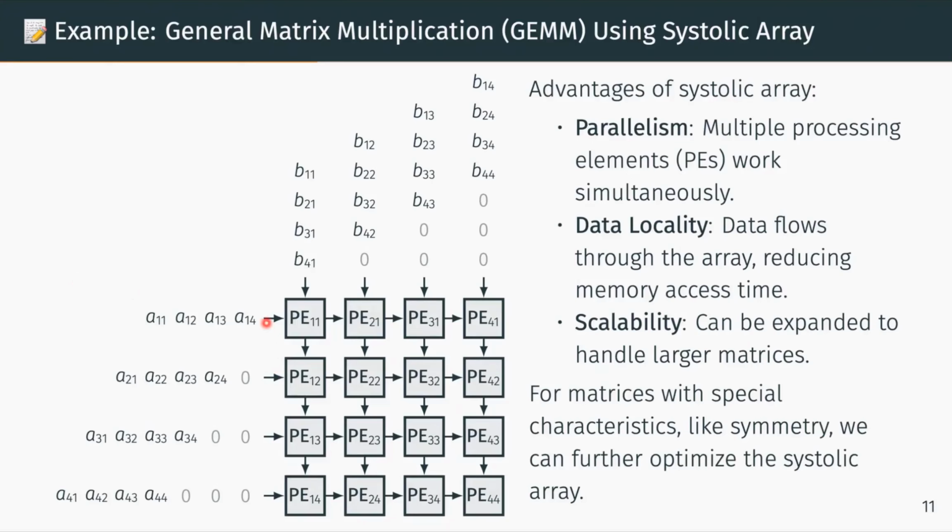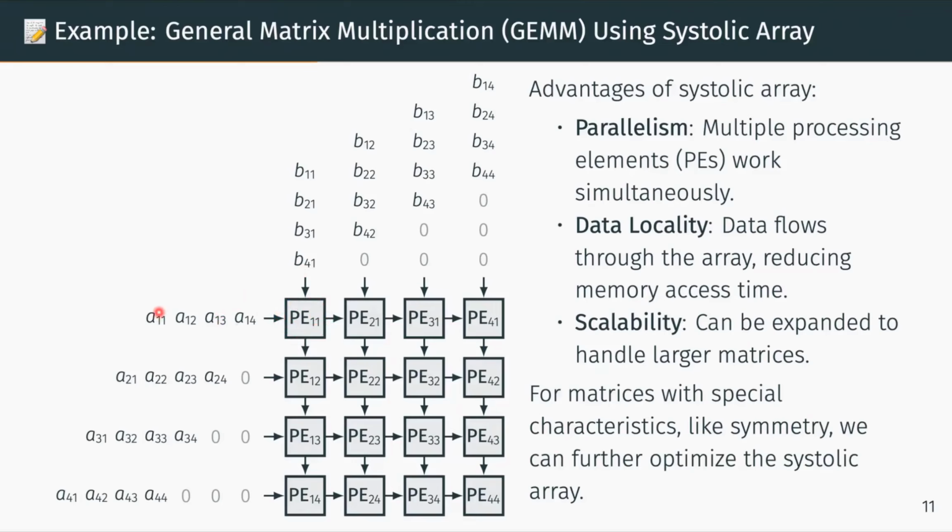For matrix multiplication in hardware design, there's a very well-known structure we can use, a systolic array. We have an array of processing elements that work simultaneously, and the result comes directly from the processing elements, while the input data gets streamed in.